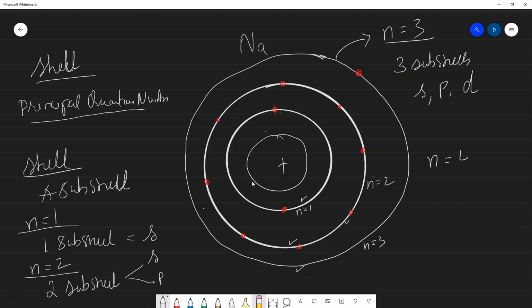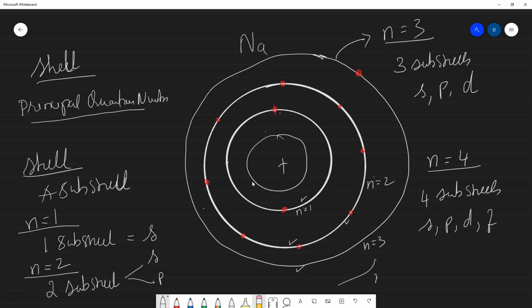For n equal to 4, the fourth shell has got 4 subshells: S, P, D and F.